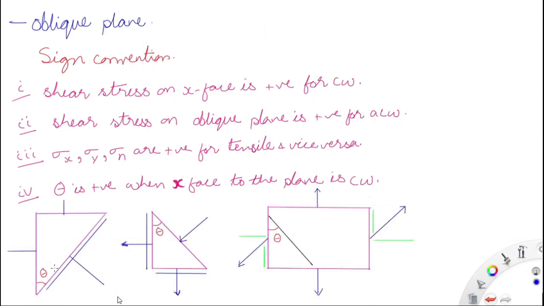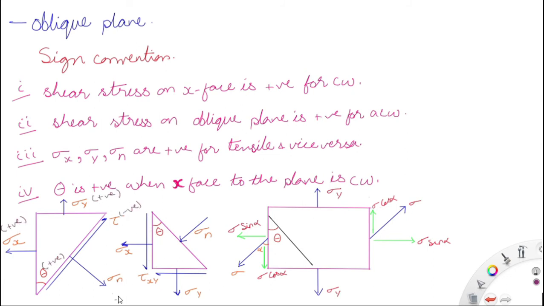Shear stress on the oblique plane is positive for anti-clockwise. Sigma x, sigma y, sigma n are positive for tensile and negative for compressive. Theta is positive when taken from the x face to the plane in a clockwise direction.